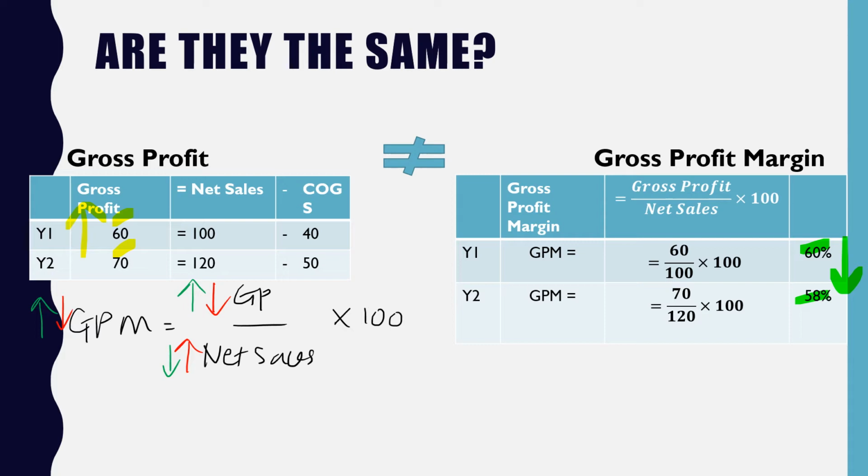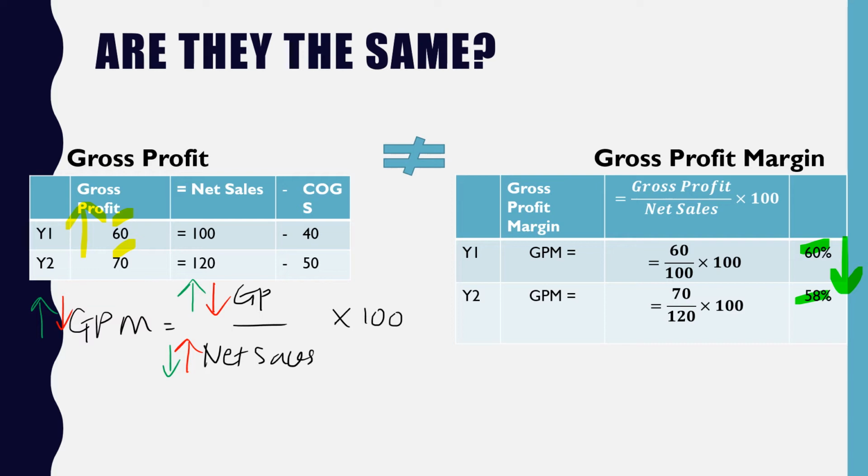Whereas anything below the fraction, at the bottom of the fraction, has the opposite relationship to the financial indicator. So in this case, the net sales has the opposite relationship to the gross profit margin, which means for the gross profit margin to increase, we could expect that it was due to a decrease in net sales.